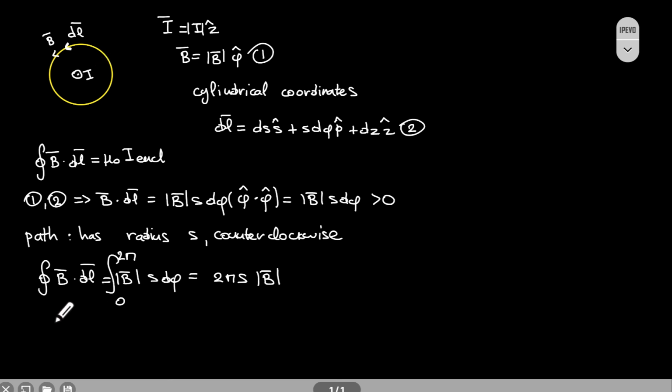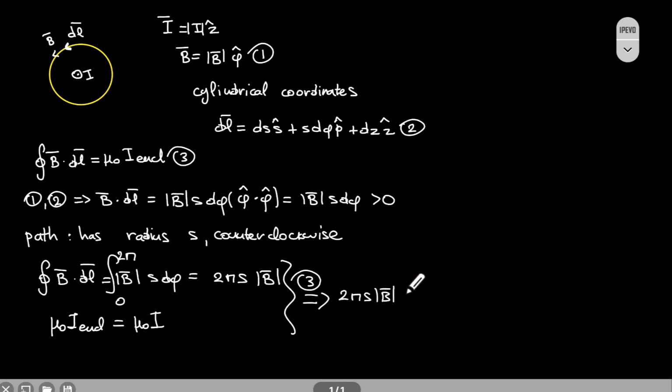So the current enclosed is just mu naught times I, and then combining, let's call this one equation 3, combining the left side with the right side and using Ampere's law, I get, and from here we can solve for B as mu naught times I over 2 pi s.